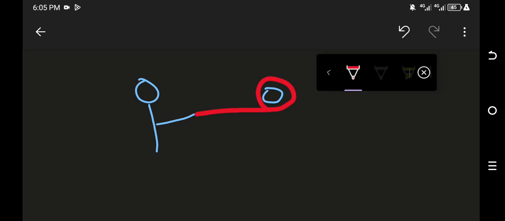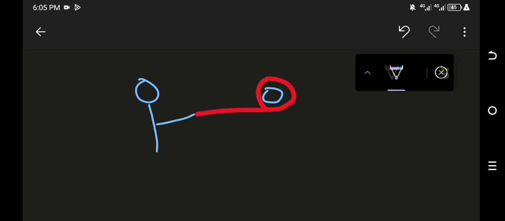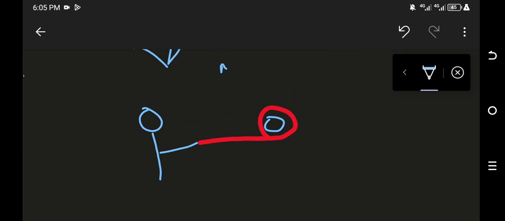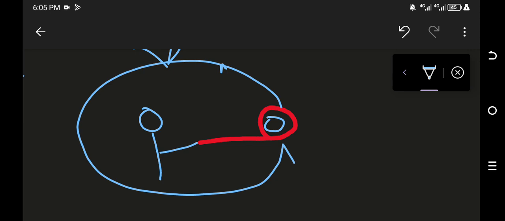Okay, and this stone is moving in a circular motion. It's moving in a circular path. So the center is this part, and the distance from the center to the stone is the radius.